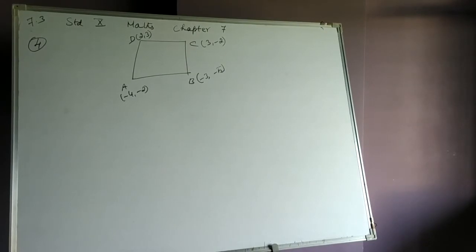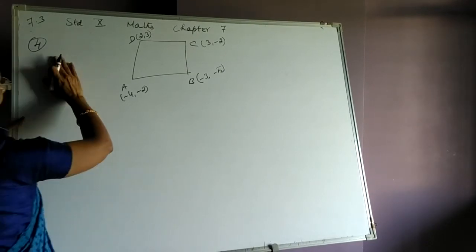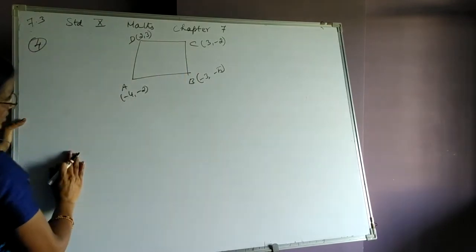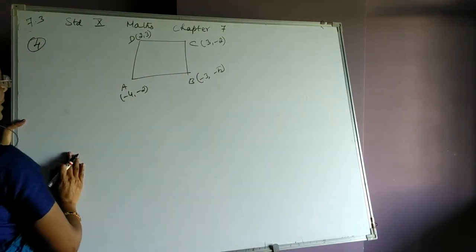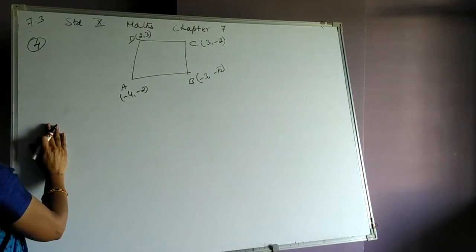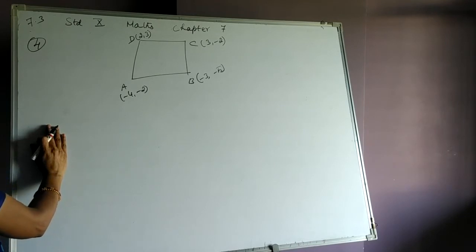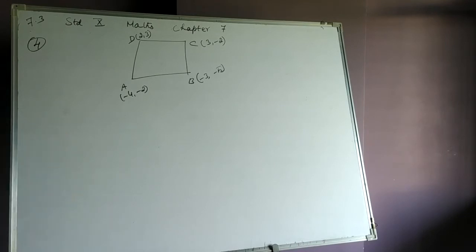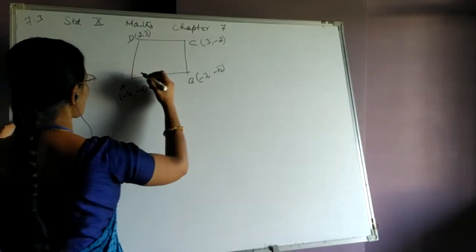It is half, 1 into 1, here it becomes 0, here it is 1 into 1, which is half modulus of 1 plus 1, 2, which is equal to 1. So this is the area of triangle DEF.